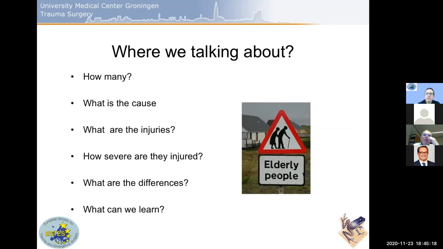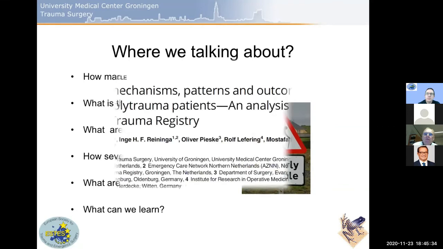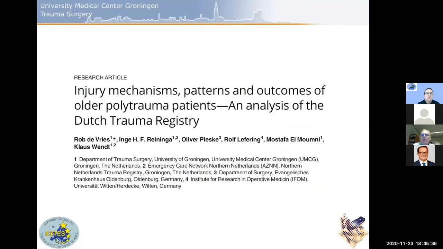So we are wondering what is different, how many patients we are talking about, what the causes are, what the injuries are, how severe they are, and what we can learn from it. We started our first research several years ago about injury mechanism, patterns, and outcomes of older polytrauma patients.